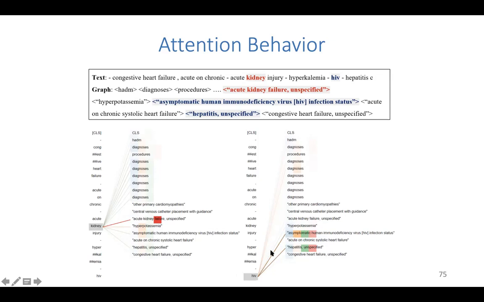So this HIV text is tied to this specific node, which is doing a good job. Interestingly, it also has a strong connection to hepatitis. And if you're familiar with AIDS, AIDS patients have weakened immunity, so they easily get various infections, and especially hepatitis. So the HIV word, the subword, also has a very strong connection to the hepatitis node.